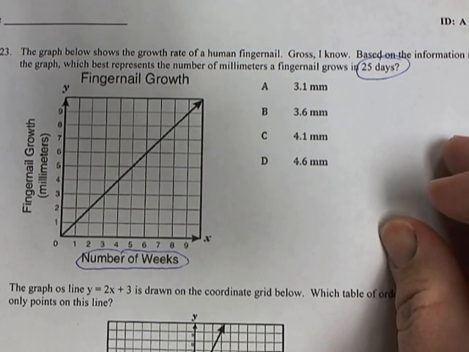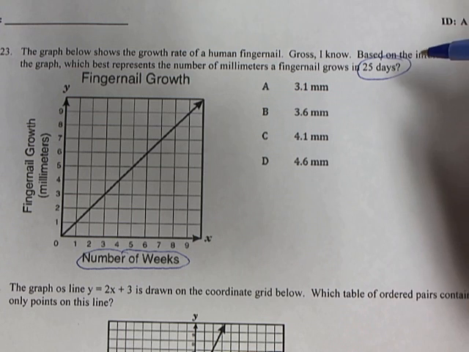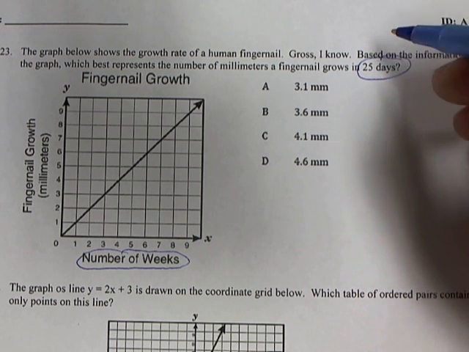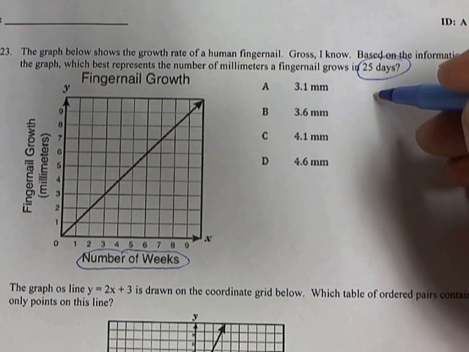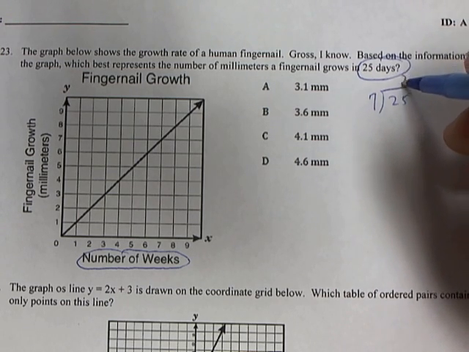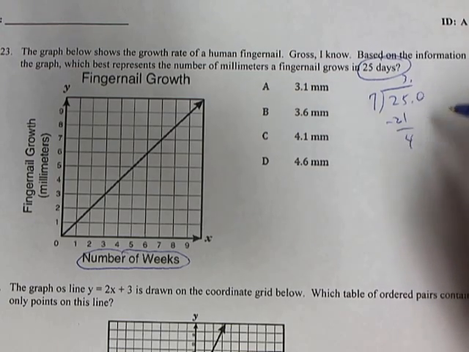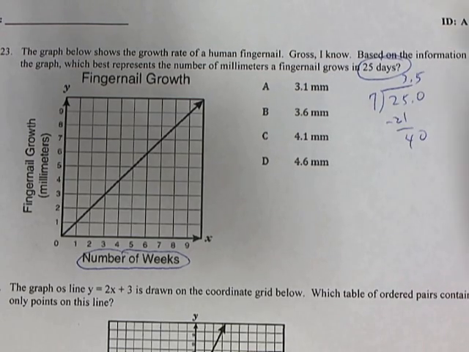So we need to do a conversion, days to weeks or weeks to days. So let's convert 25 days to weeks. Divide 25 by 7, since there are 7 days in a week. So it is roughly 3.5 weeks.